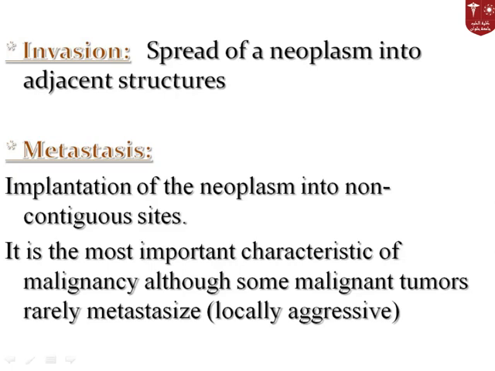So metastasis is the distant spread of the tumor. Invasion is the nearby spread of the tumor. Okay, either invasion or metastasis can happen in some forms of tumors, which are bad aggressive tumors, and not in all tumors. The bad aggressive tumors are called malignant tumors or cancer.